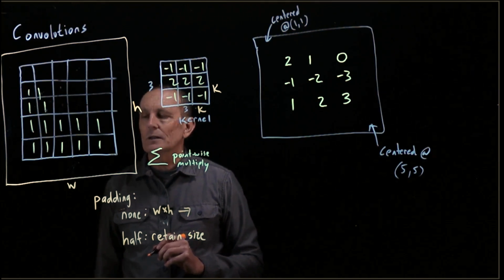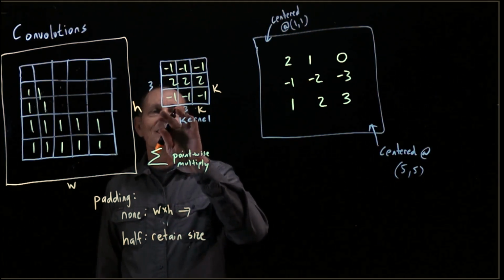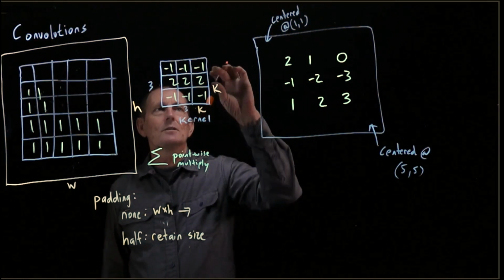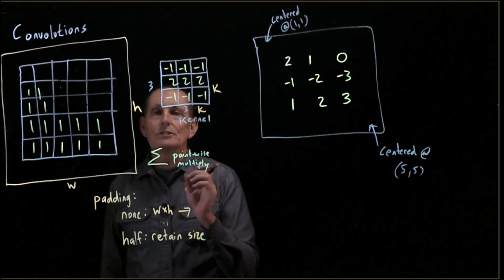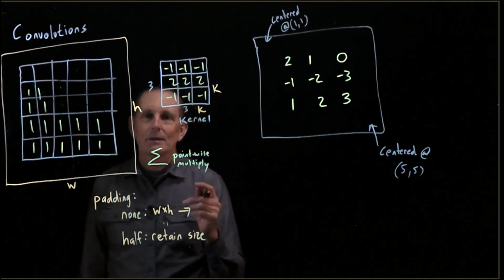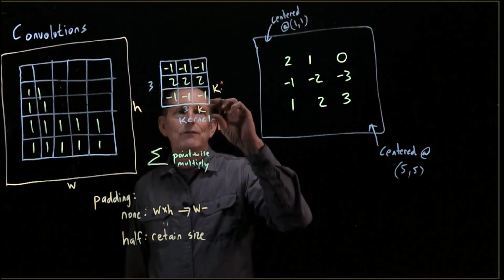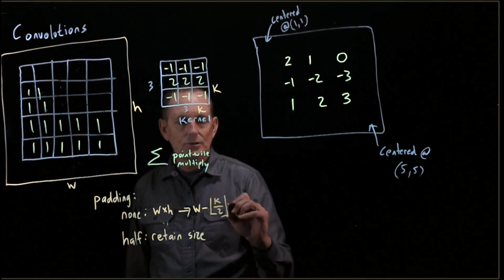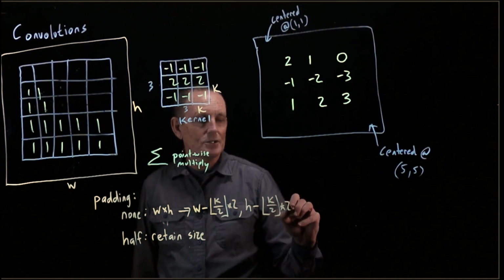Well, how much smaller? It depends on this width. So we're going to basically lose this amount on the left, this amount on the right, this amount on the bottom, and this amount on the top. How much is that? That's going to be K over 2. So we're going to have K over 2 on each side, the floor of K over 2. So we're going to take the floor of K over 2 and multiply that by 2. And similarly, the height minus the floor of K over 2 times 2.